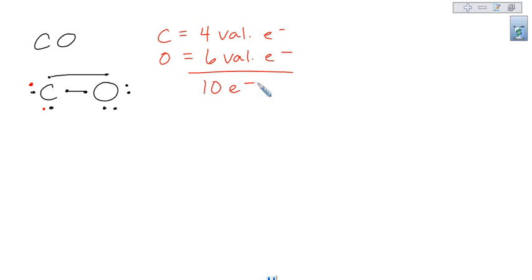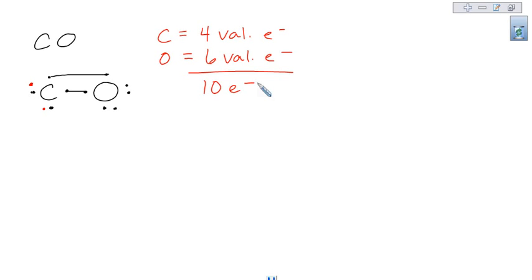It does not mean that the carbon needs to have 4 valence electrons, 4 dots, localized around that carbon atom. True covalent bonding is all about sharing. So they pool together their valence electrons. And yes, carbon does bring 4 valence electrons and oxygen brings 6, for a total of 10 electrons.